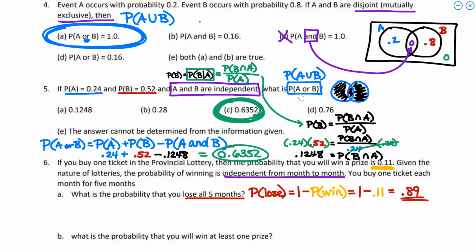When I'm thinking about those tree diagrams, just because my probabilities don't change doesn't mean I wouldn't still follow that branch and multiply those probabilities. 0.89, not times 5, to the 5th power. Yeah, because it's 0.89 for each month here. One, 2, 3, 4, 5, or 0.89 to the 5th power.